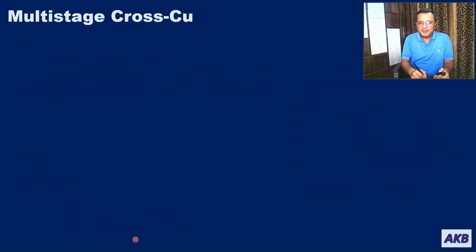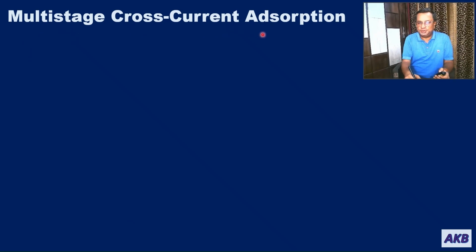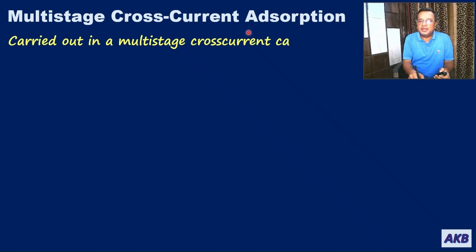To begin with, let us briefly review multistage cross-current adsorption. I have discussed it in detail in my video lecture on multistage cross-current adsorption. Let me talk about it briefly over here. A typical multistage cross-current adsorption is carried out in a multistage cross-current cascade.